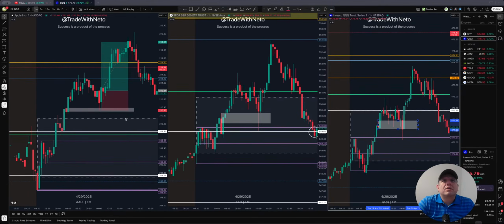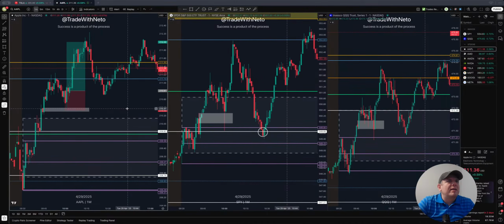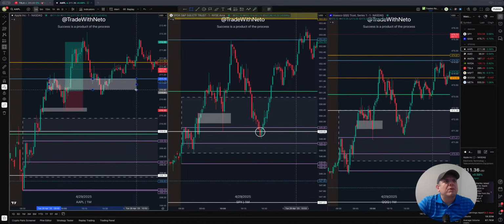Okay. All right. So, this was the only opportunity that I see on Apple. Maybe if this 10:28, if you are drawing order blocks with the previous highs, this is a break, displacement, and good retest of this order block.